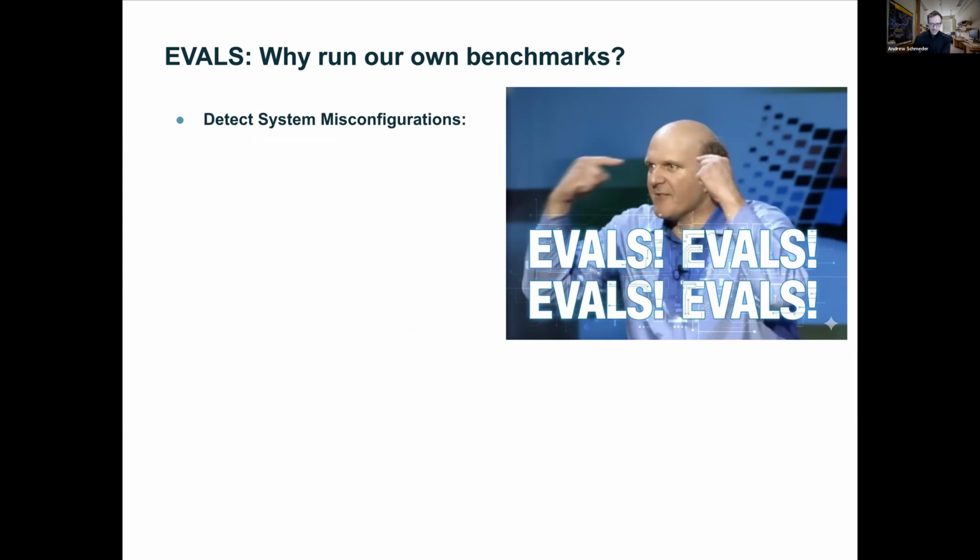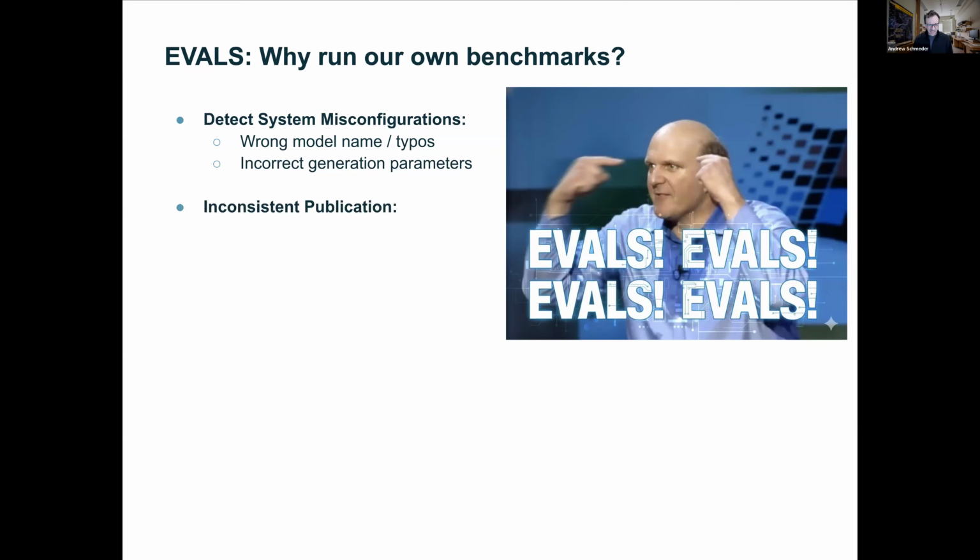There are a few reasons to strongly consider that running your own benchmarks is a good idea. One of them is detecting misconfigurations in your own systems, in your own code. There can be all kinds of things, like maybe you just have the wrong model name, or incorrect generation parameters, and these can affect how the model performs.